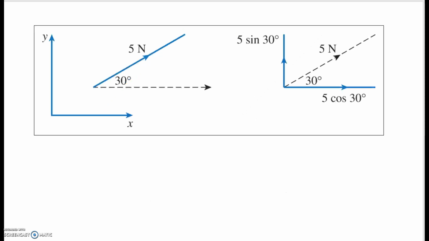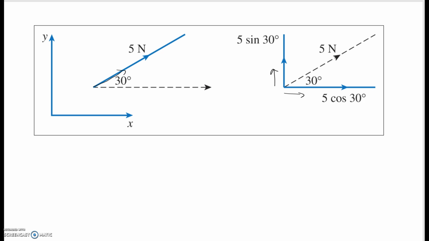So, as an example here, if the force is 5 newtons in a direction 30 degrees to the horizontal, then we can break it up into two forces at right angles, two components, one along the horizontal and one along the vertical.